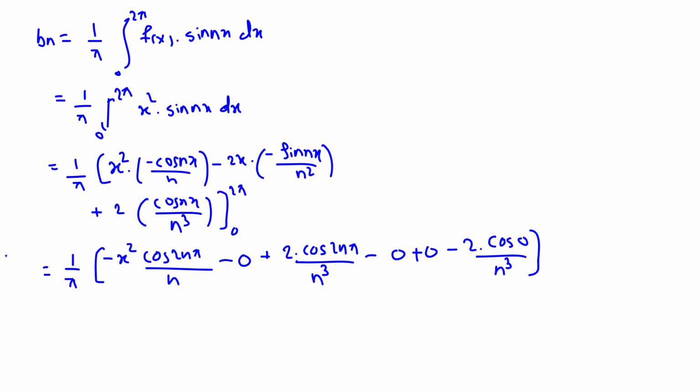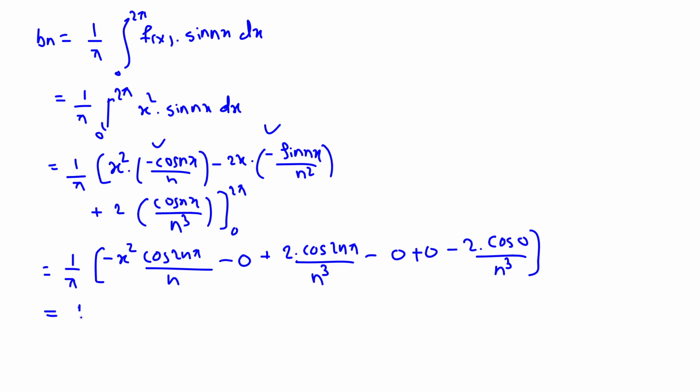Okay, means while putting the lower limit 0, your first term and second term will become 0, only in third term you have to put x equal to 0. Now you can see here third term is positive here, but while putting lower limit we take minus sign in between them, so that's why this third term will become minus.